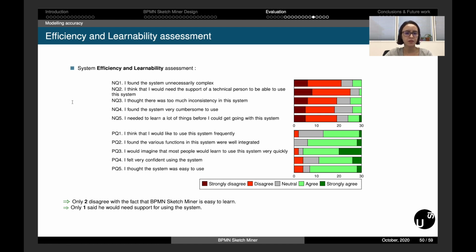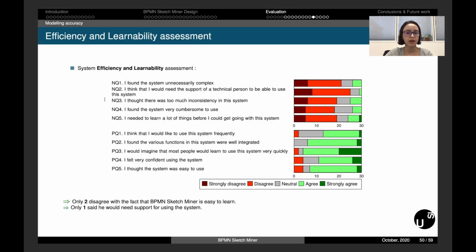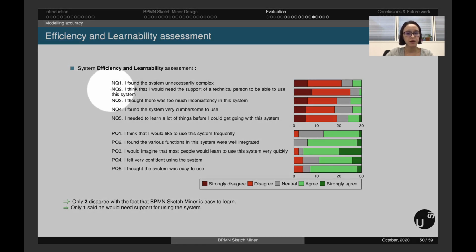We also used some questions of this survey for assessing the learnability and the efficiency of the tool. For example, we got some analysts or students who disagree with the fact that the BPMN Sketch Miner is a tool which is easy to learn, but they were just 2, and one, for example, who thinks that he would need some technical support in order to use the tool.